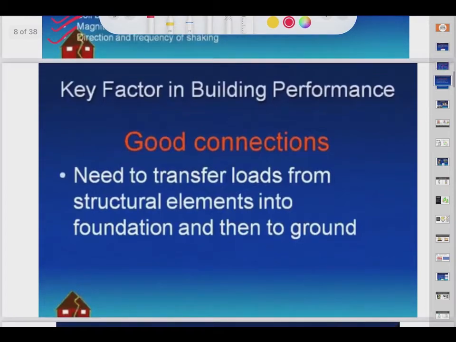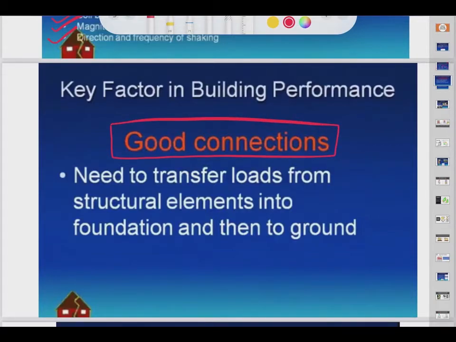Now the most important key factor that has been observed in previous earthquakes on the damage in buildings, and the most important key factor in building performance, is good end connection.